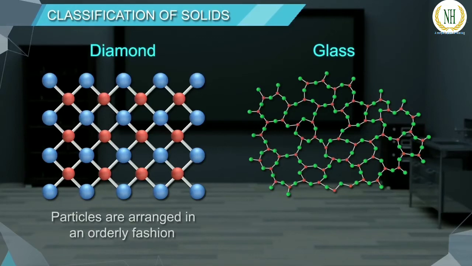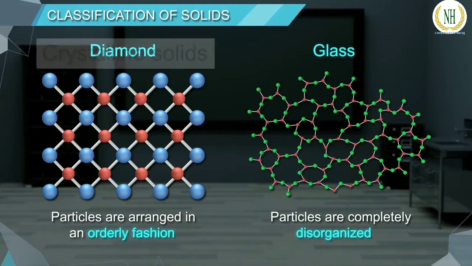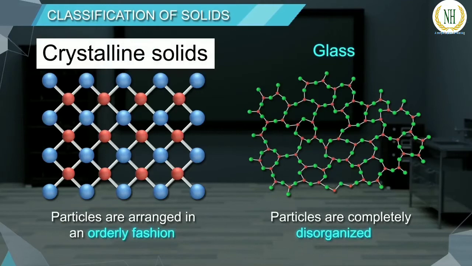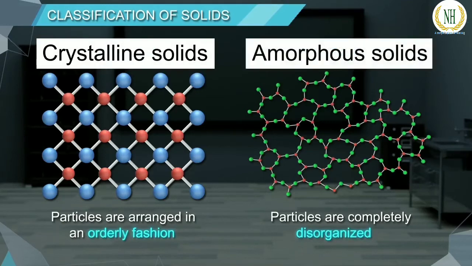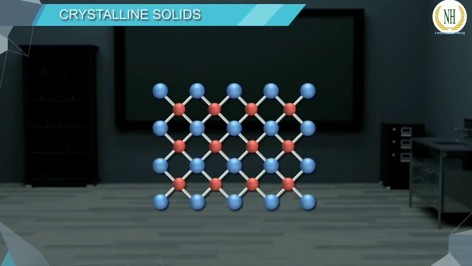In diamond, the particles are arranged in an orderly fashion, whereas in glass they are completely disorganized. Based on the order of arrangement of constituent particles, solids are mainly classified into two types: crystalline solids and amorphous solids. Let us discuss crystalline solids.